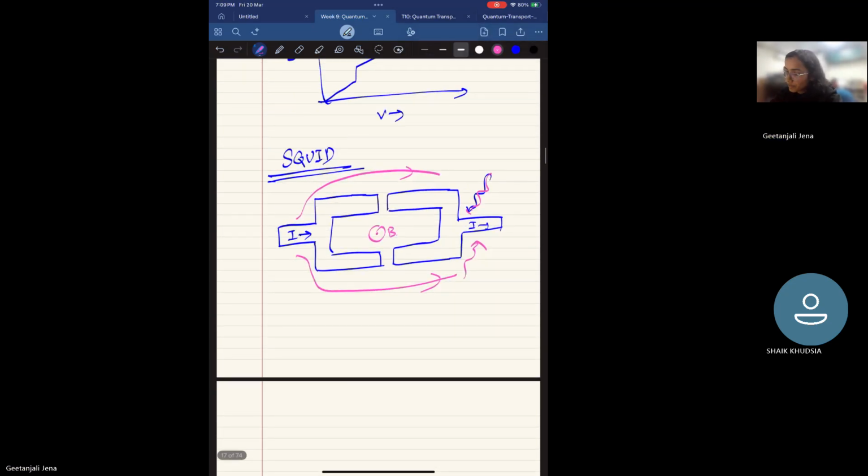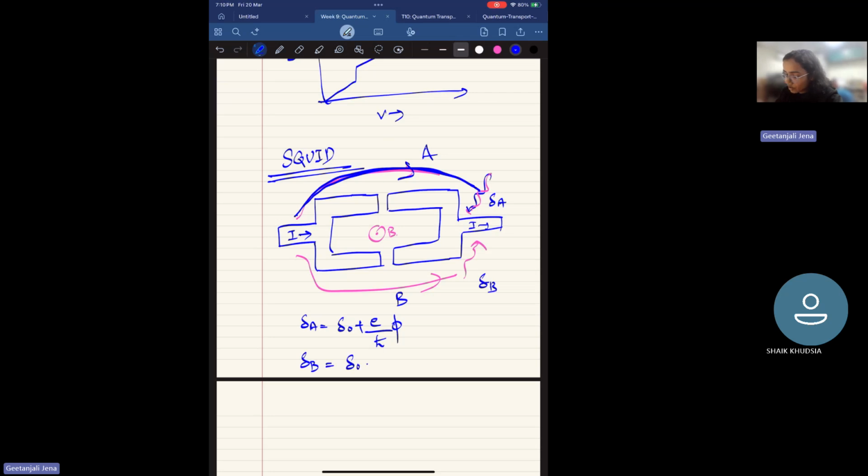So if you look at this path, the phase for path A is delta A, which is delta 0 plus E by h cut phi. And for the B path, delta B, the phase accumulated is delta 0 minus E by h cut phi. Sorry, not plus, it's minus.